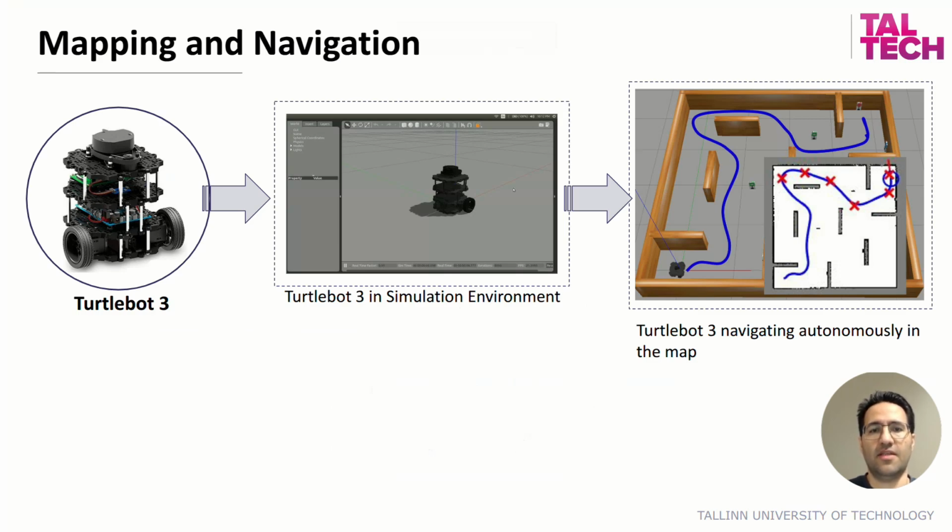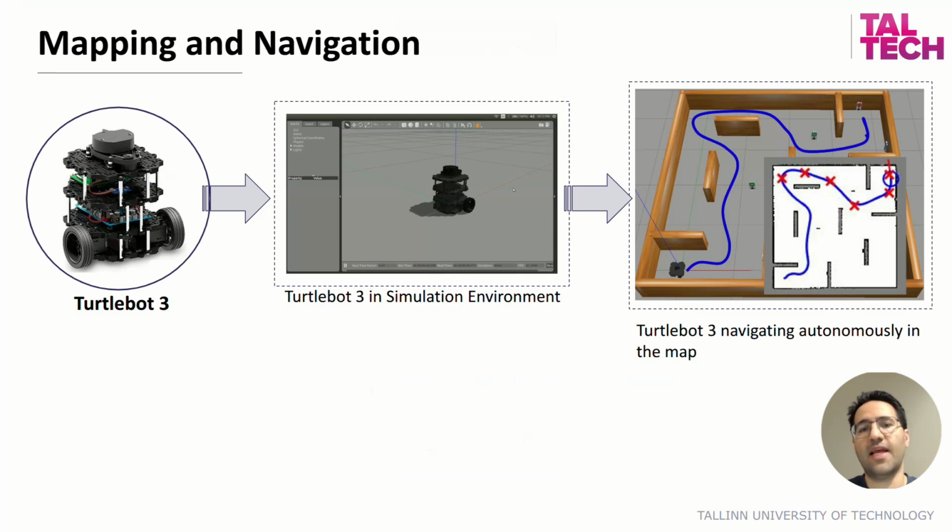You can easily find all the packages and everything in ROS inside the Gazebo simulator. First of all, we create a virtual environment for Turtlebot and then autonomously map the environment. Basically, for running autonomously inside an environment, you need to know the environment, so you need to create a map of that environment to autonomously navigate to your specific target.